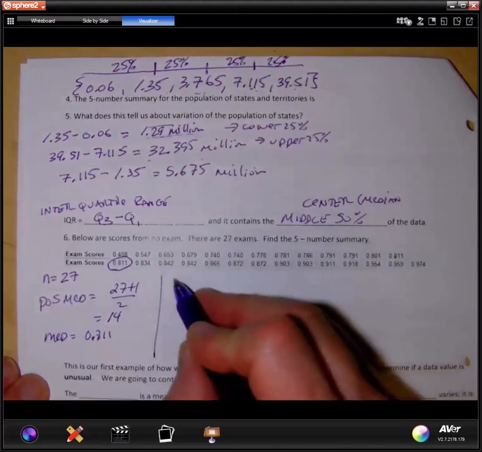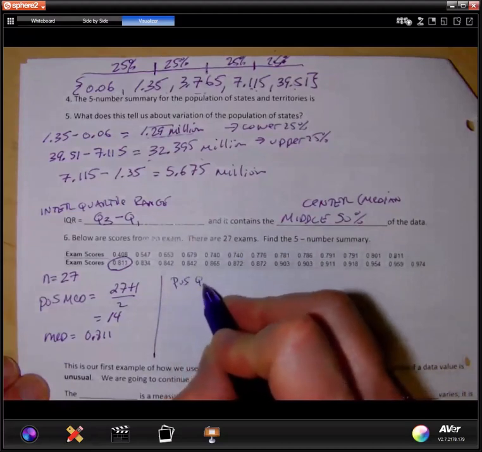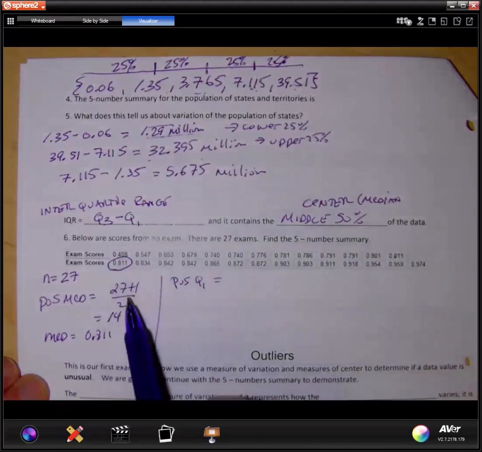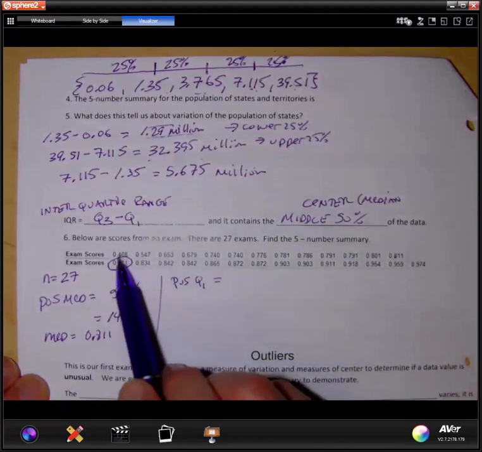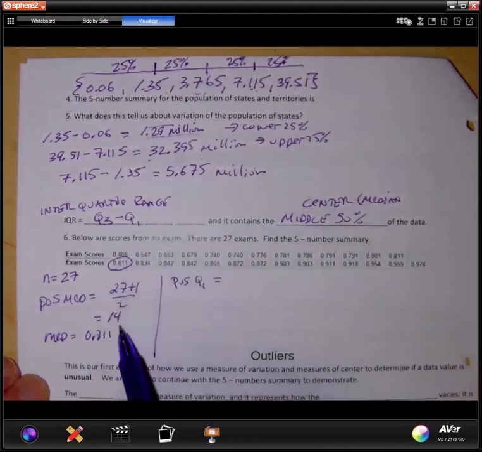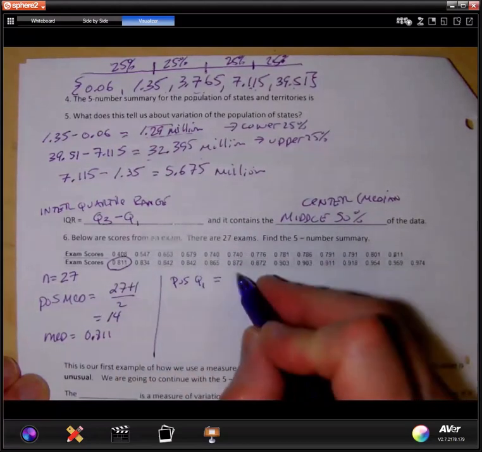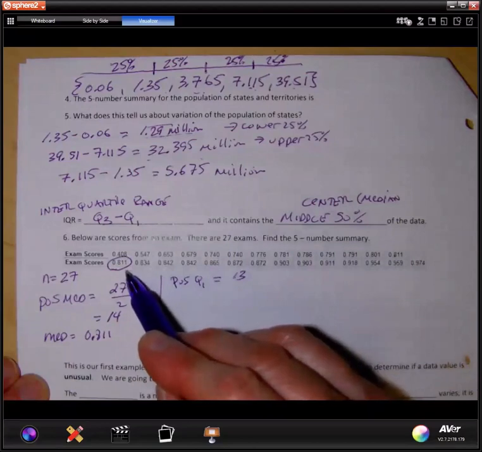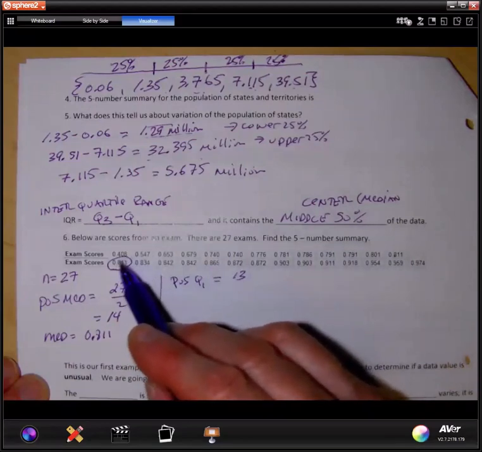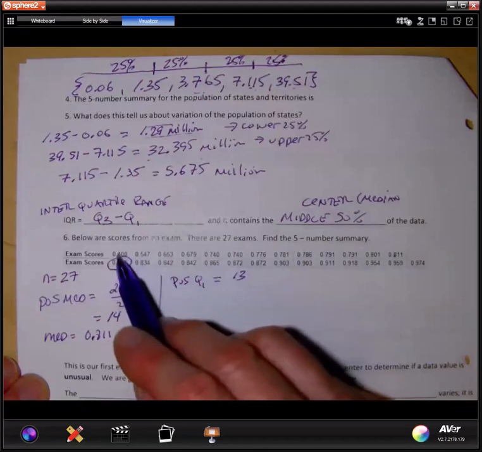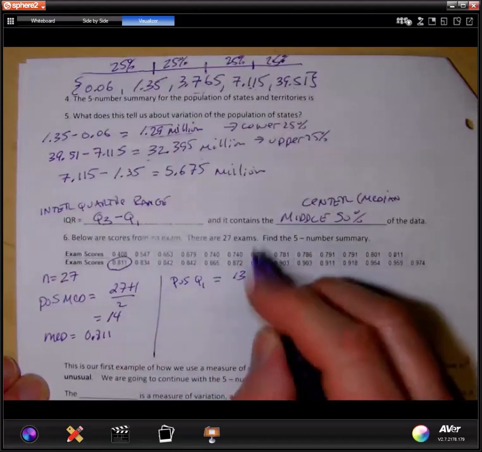Now, position of Q1. Well, position of Q1, what have we done? This number is the median. That was position 14. That leaves 13 values sitting below this number. Because the median is one of the actual values, it sort of disappears for the moment. It doesn't really disappear. It's just that we're not going to count it when we figure out Q1 or Q3.